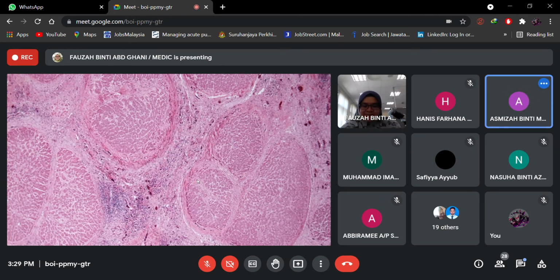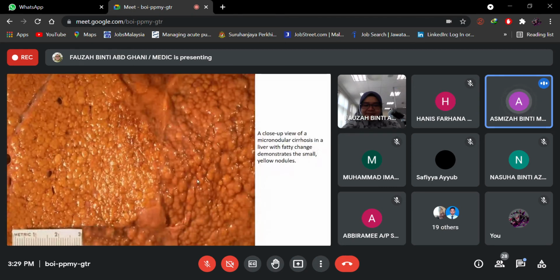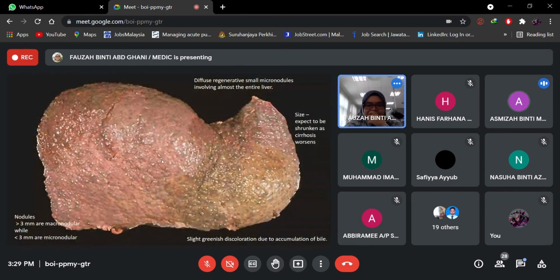Doctor, sorry. For the previous photo, can you say about the falciform ligament? You mean like this? Compared to the normal one, the first one and this one, for the normal we can appreciate the falciform ligament, but for this one there is none at all.